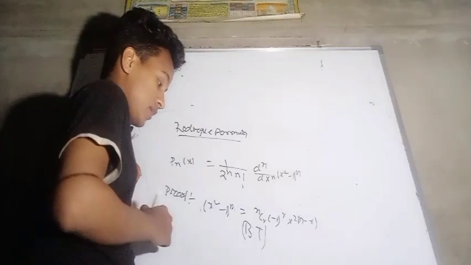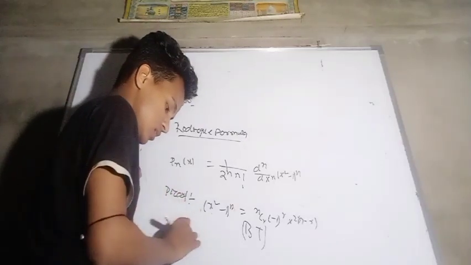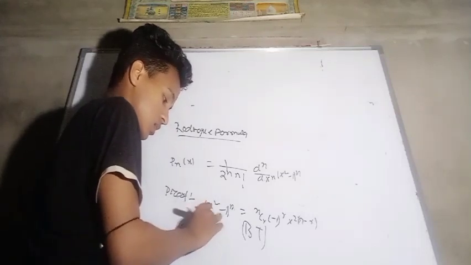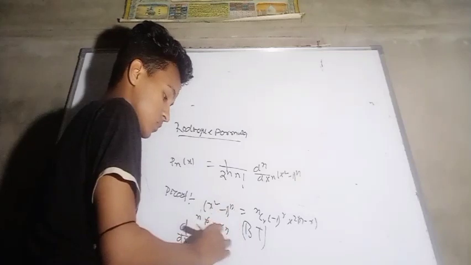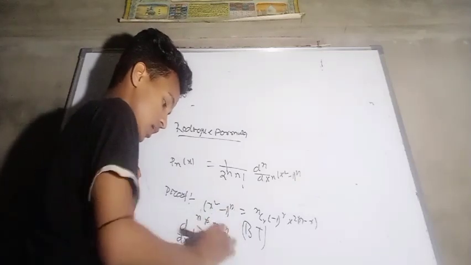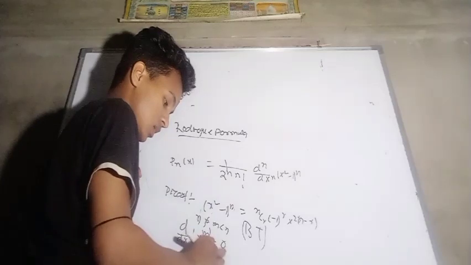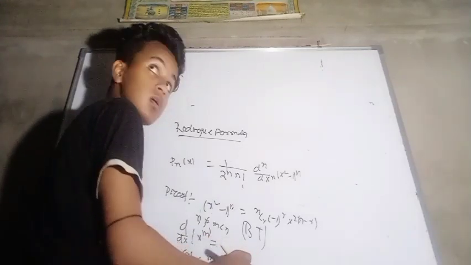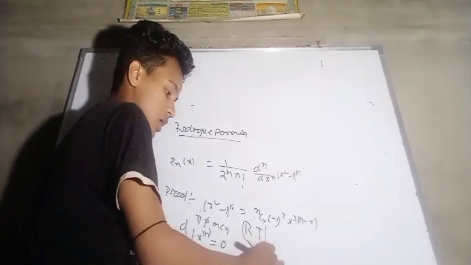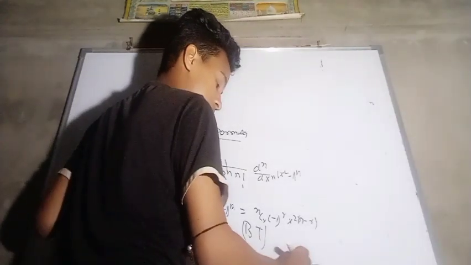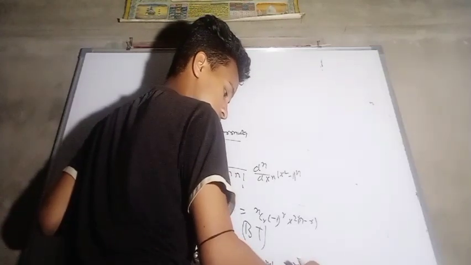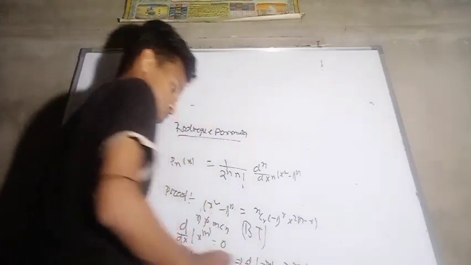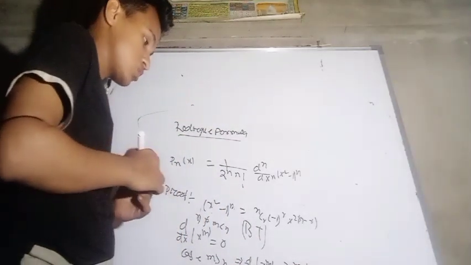After that, what do we know? d^n by dx^n of x^m equals 0 if m is less than n, or in case 2, if m is greater than or equal to n, d^n by dx^n of x^m equals m factorial upon (m minus n) factorial times x^(m-n). Okay, we have shown it.